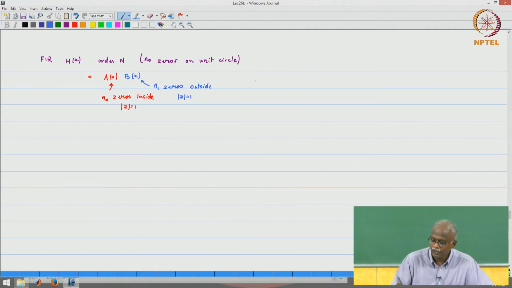Of course n0 plus n1 must be equal to uppercase N, the total number of zeros present.